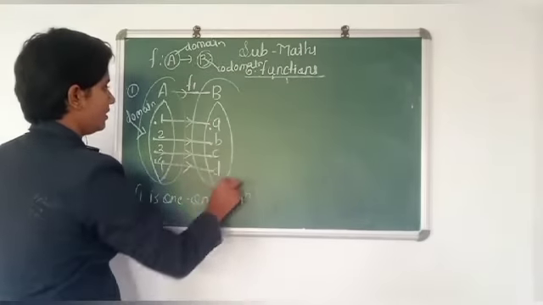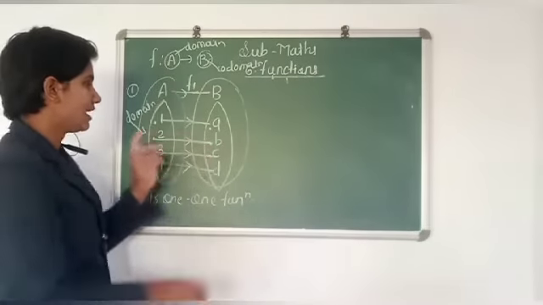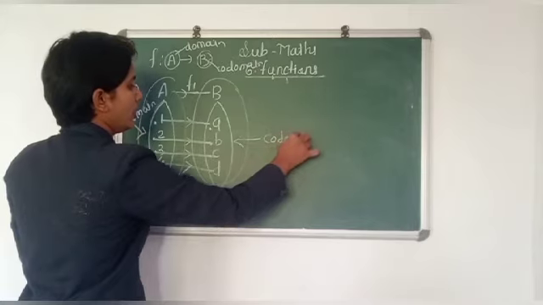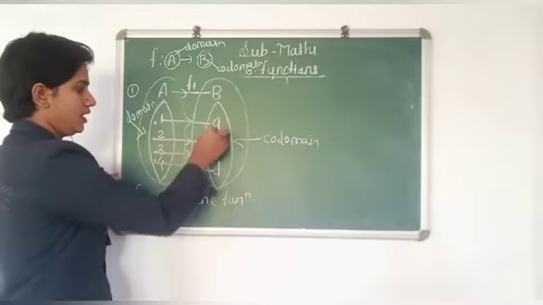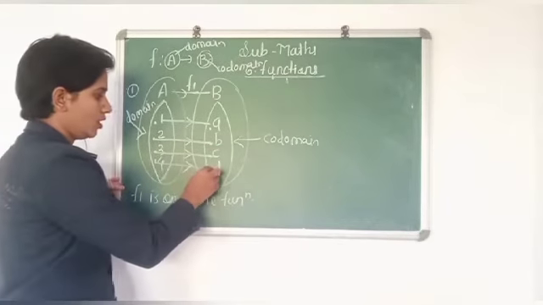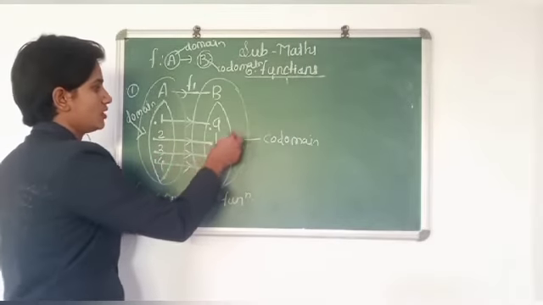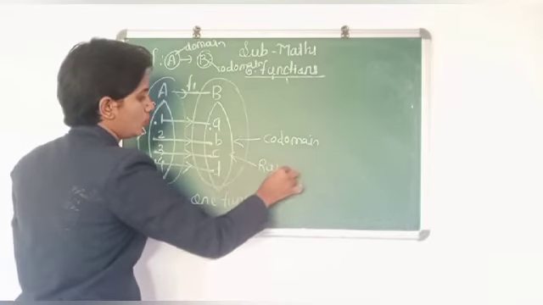Then the total set B, containing 4 elements A, B, C and D, is the codomain. To identify its range, observe that all 4 elements of set B have pre-images in set A. So the range of this function is also the whole set B. So range and codomain are the same.